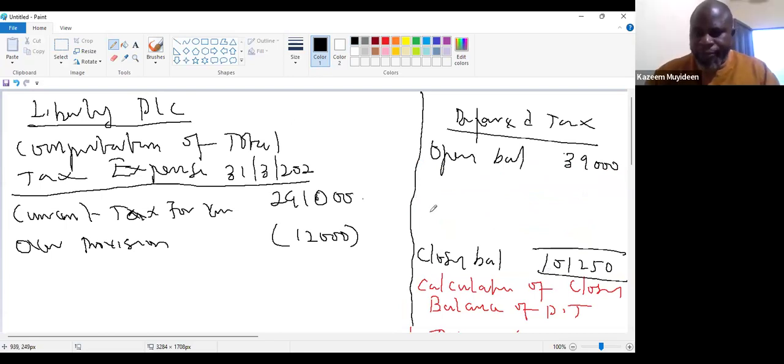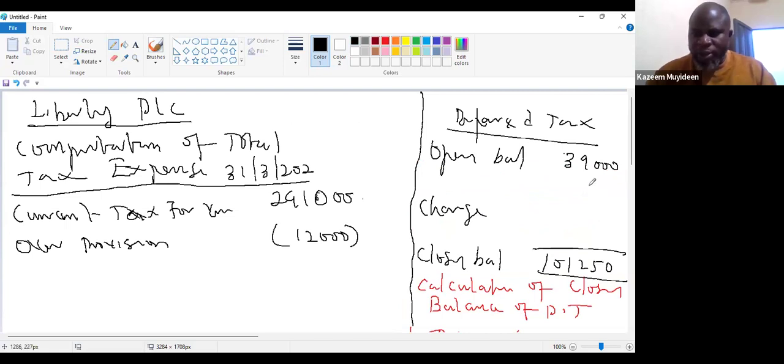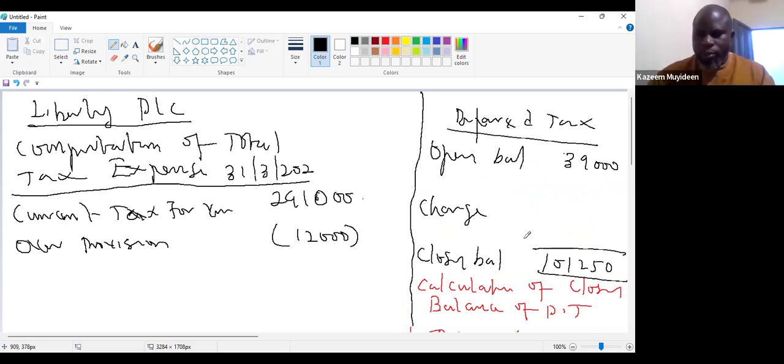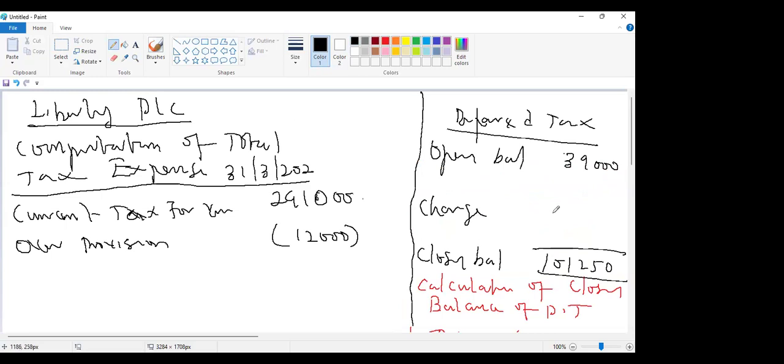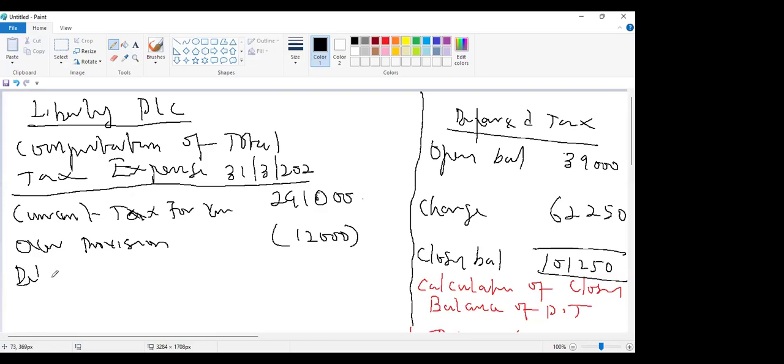The charge, now, you see, it is a credit. 101,250 minus 39,000 is 62,250. Good. That is what we take to the P&L. Deferred tax, it is the movement to P&L.